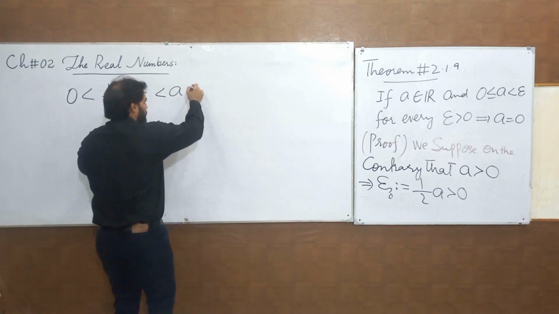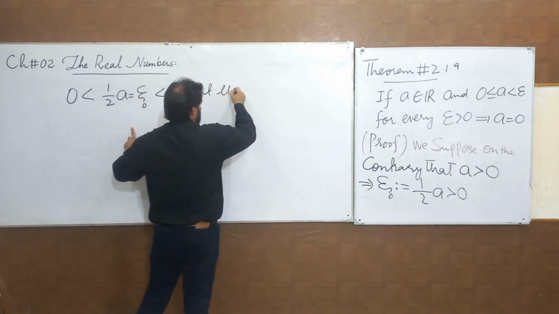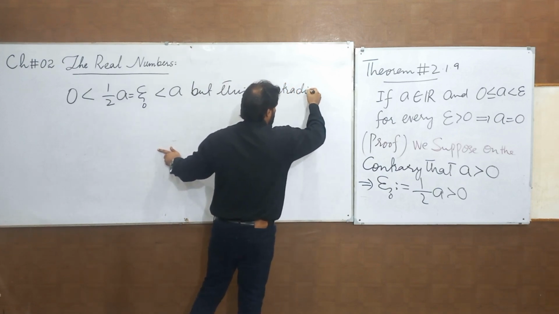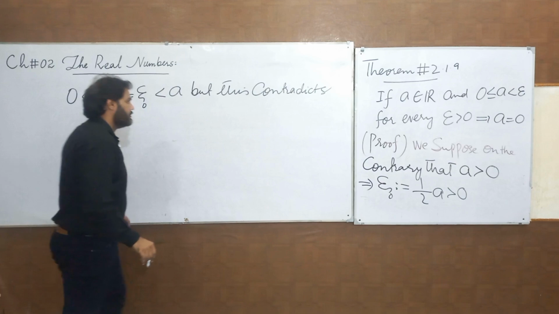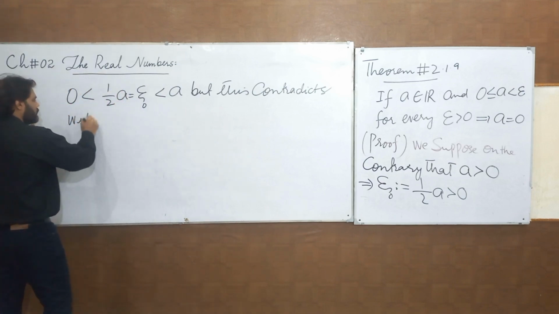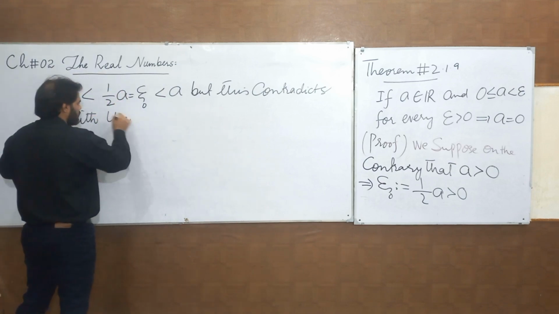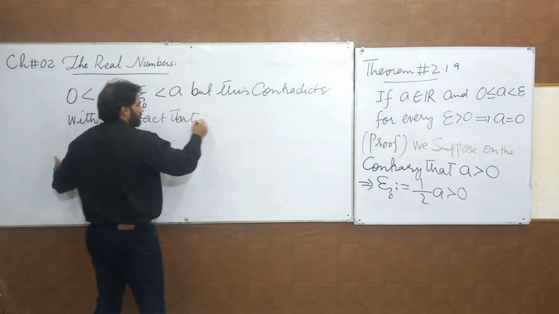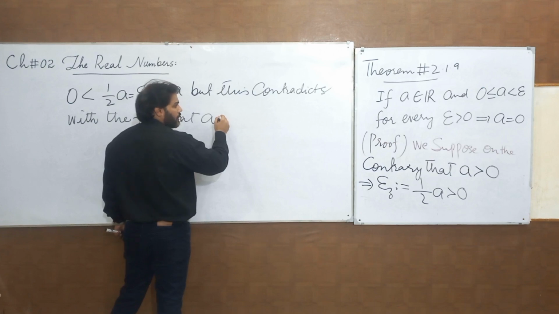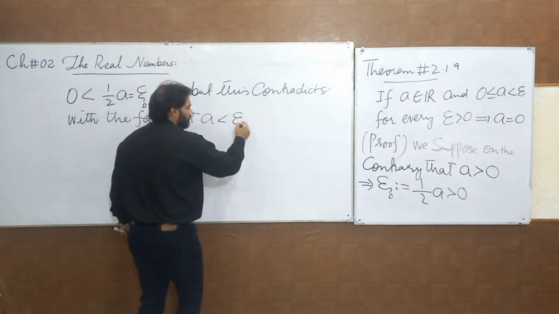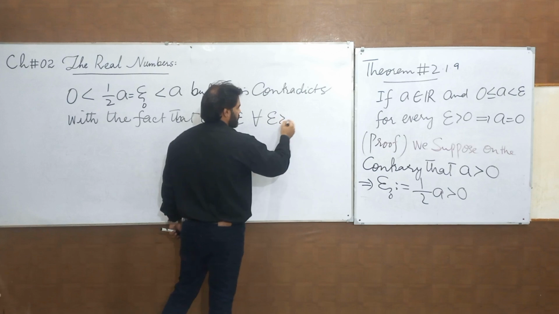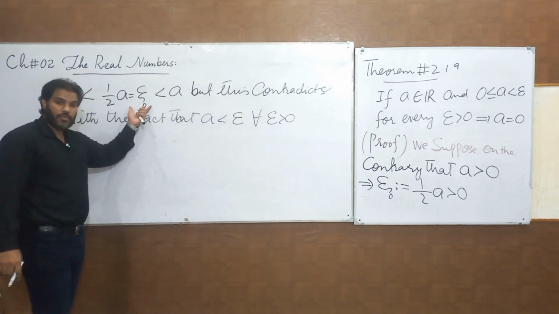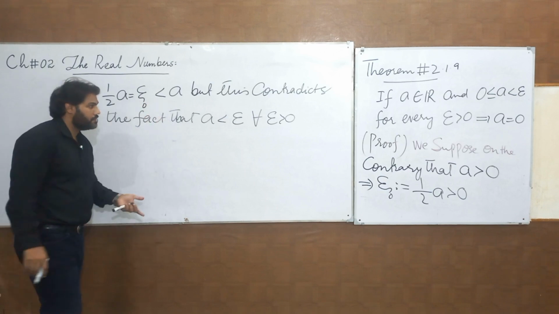This contradicts the fact that a is less than epsilon for all epsilon greater than 0, because here we find an epsilon naught which is less than a.